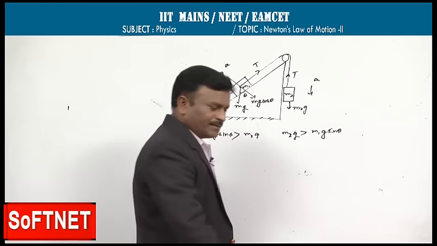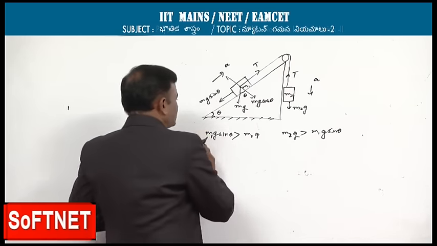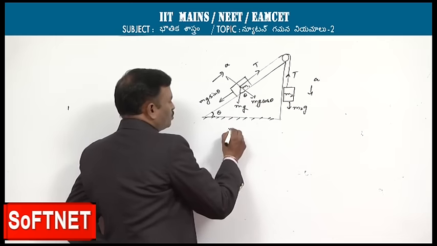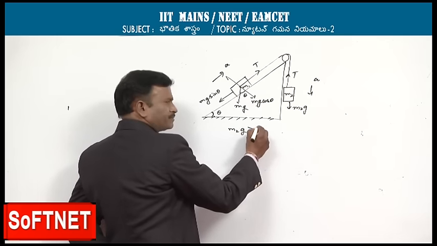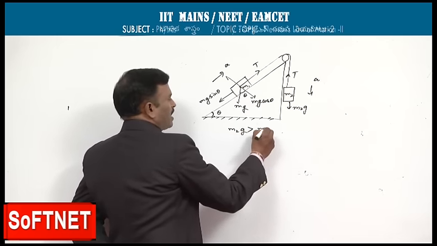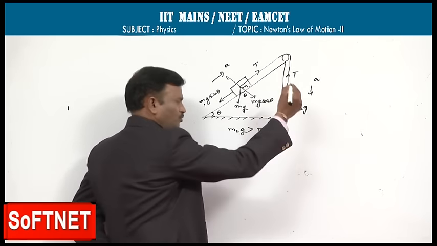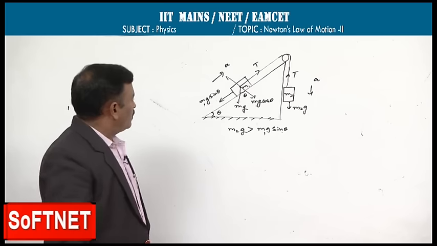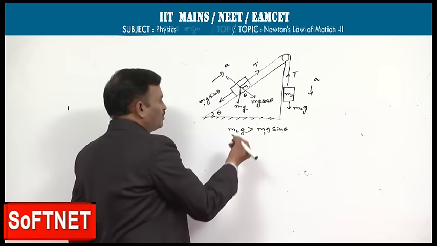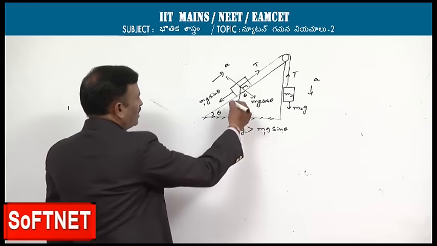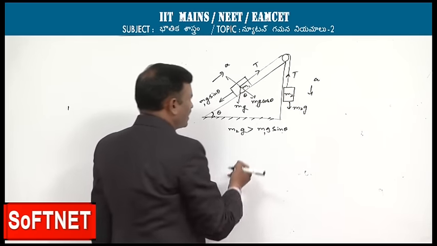Now let us take an example here. The second one is m2g is greater than m1g sin theta. Let us assume. So in that case, how to solve the question with the help of the free body diagram? Let us see. Here free body diagram for m2, let us write.